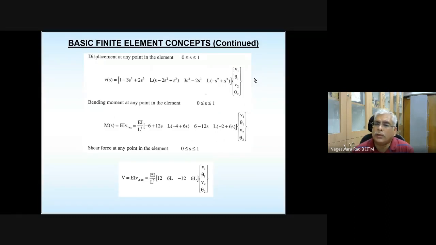Follow whatever conventions you want, but finally give me the shear force diagram and bending moment diagram. To draw that, you need to do this interpolation over each element, and then see how the bending moment varies over that element. Draw it as per the sign conventions. That is how the procedure goes. Similarly, shear force. Any questions?